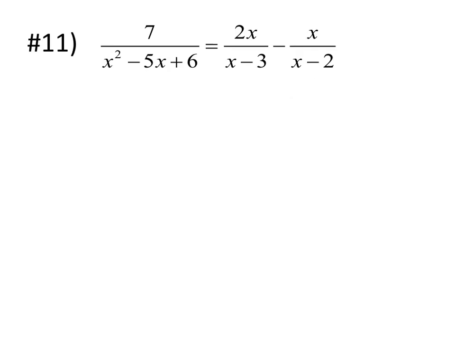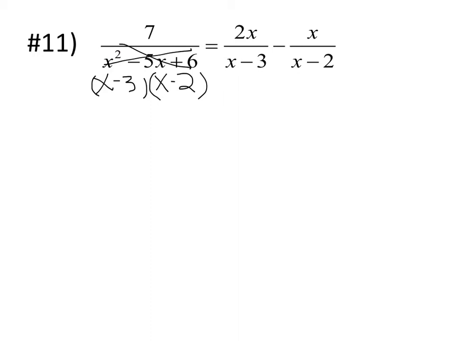Okay, on this problem you're going to have to go ahead and factor this denominator before you can find your LCD. So if I factor this, I get x and x minus, and the factors of 6 that give me 5 are 3 and 2 or 6 and 1. 3 and 2 work, 6 and 1 do not, so be careful on that.